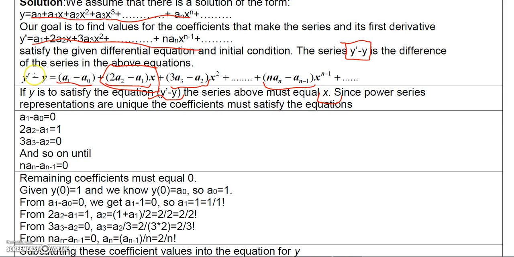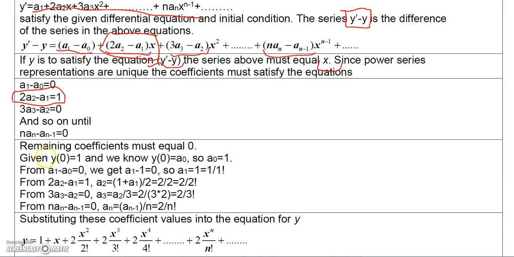Because if y prime minus y equals x, 1x to be exact, then 2a2 minus a1 must equal 1. Well, then the other coefficients would all have to be 0 because it just equals x. It doesn't equal any other powers of x. So all the other terms must be 0.